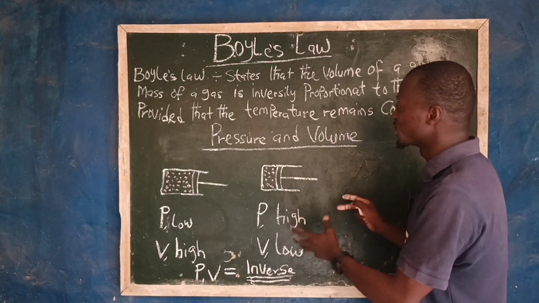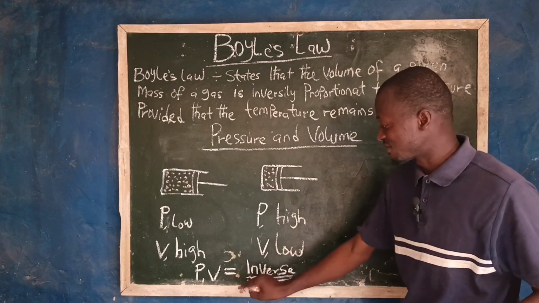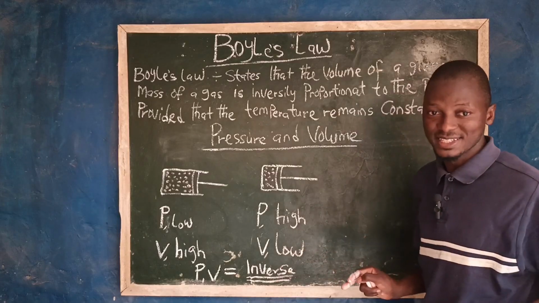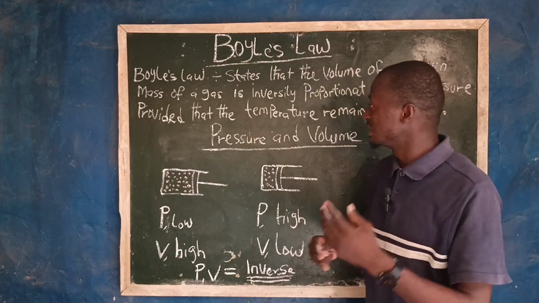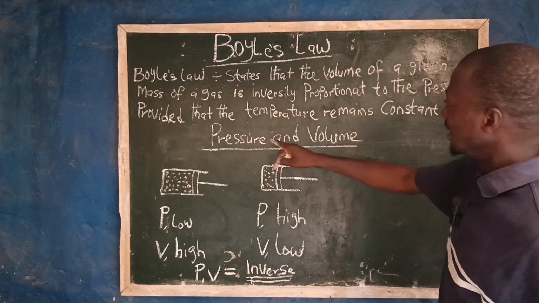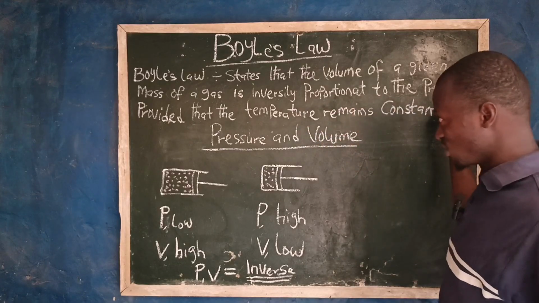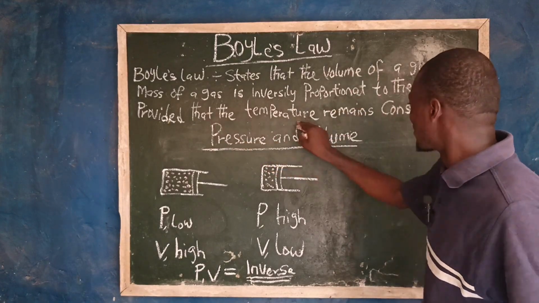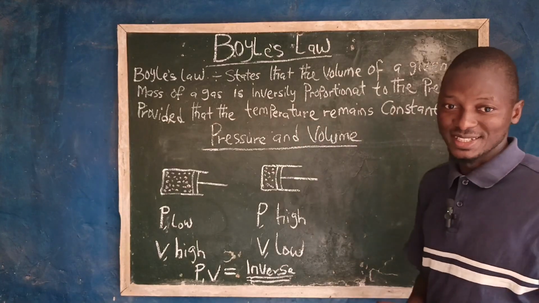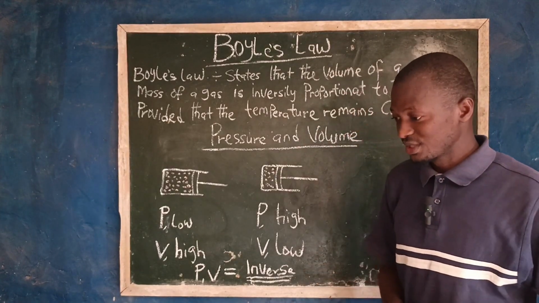That is the relationship between pressure and volume. This is P times V equals inverse because it's inversely proportional. If you take a look at the definition, it is inversely proportional to the pressure, provided that the temperature remains constant. Apart from that, let us proceed.